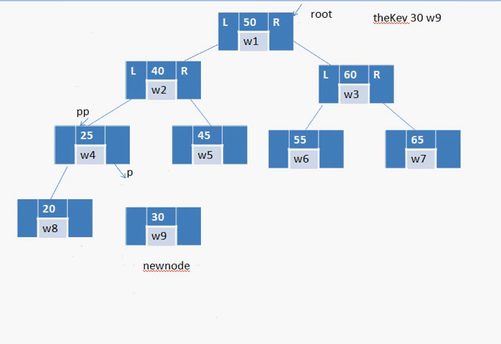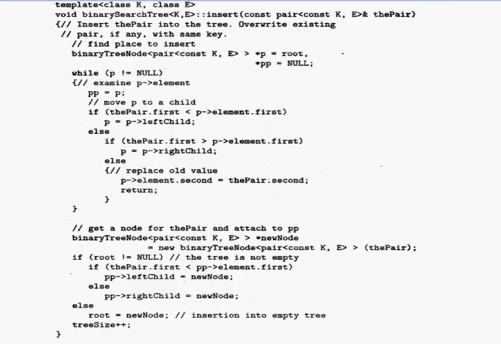Okay, the name of the node is new node, so it is created using this form. So we write binary tree node, new node is the name and it is a pointer to a node, and here we use new command and we use binary tree node pair, with the pair dot first and the pair dot second. Everything you insert onto this node, binary tree node pointer.